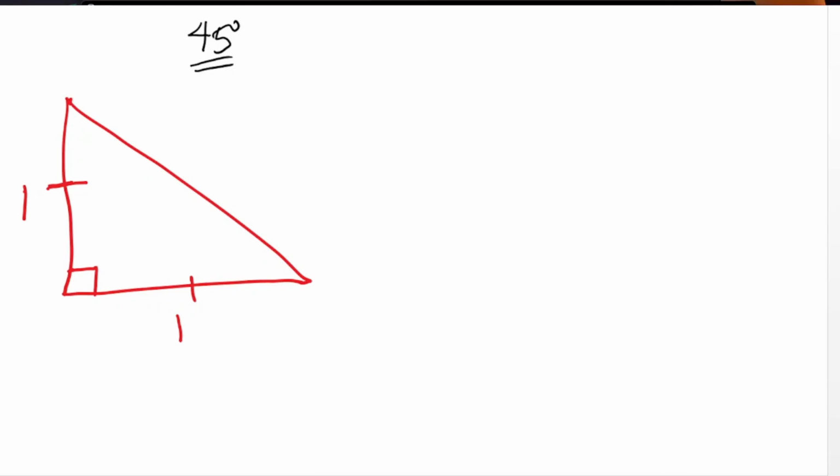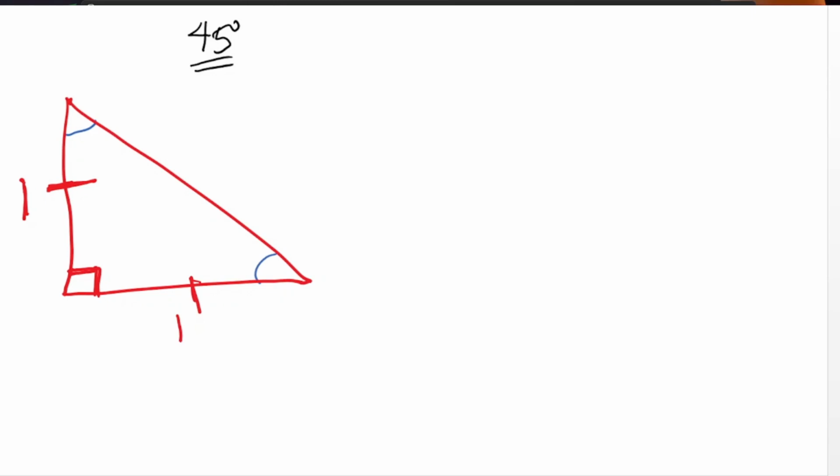Having known the value of this, since this one is 90 degrees, the remaining two angles are base angles of an isosceles triangle. That's one thing you need to know: the angles opposite the two sides that are equal are the base angles of an isosceles triangle. So this angle is equal to this angle.